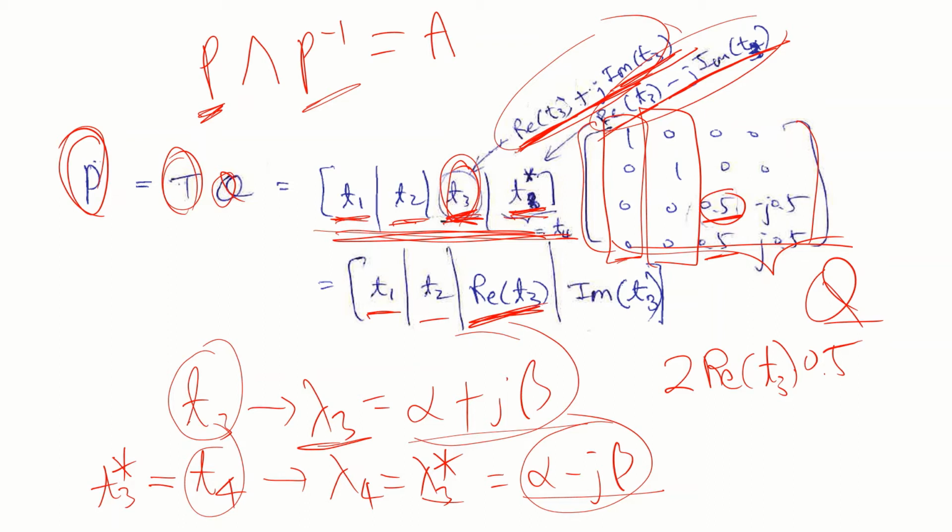And because of this last column, these two things are subtracted from each other, and that gives you the imaginary part of T3.